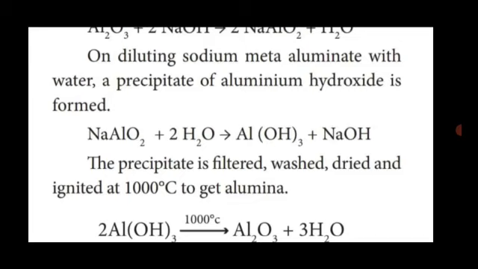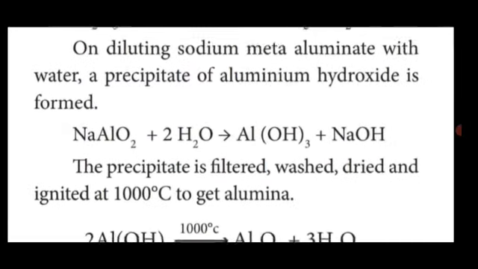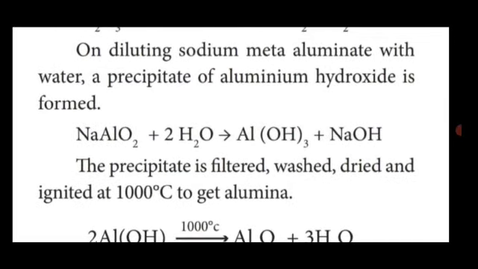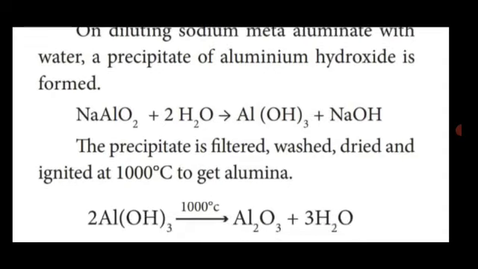What is the formula of aluminium hydroxide? Al(OH)3. The byproduct is sodium hydroxide.